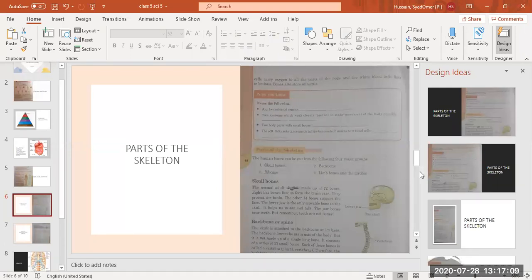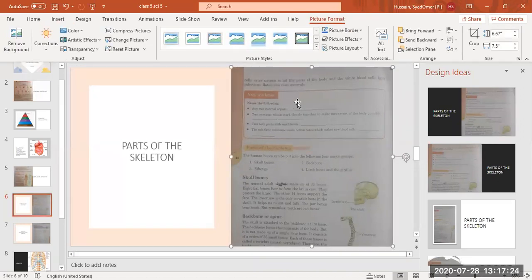Now you know, we have to do the following. Name the following, which we have studied in the last lecture. In this lecture, we have to name it. Any two internal organs. Can any of you answer this blank? Raise your hands.